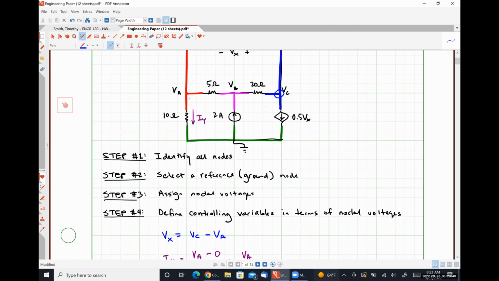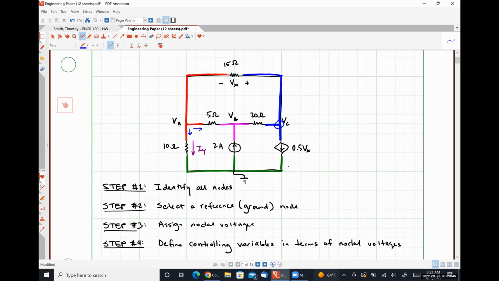So there is a current that branches from node A and flows down. There's a current that flows to the right, and there is a current that flows up. So I'm expecting my KCL equation at node A to contain 3 terms. I'm going to add those 3 terms together and set it equal to 0, because that's what Kirchhoff's current law does, okay? So let's start with the current directed down.